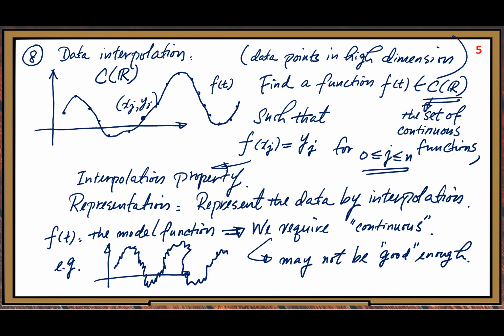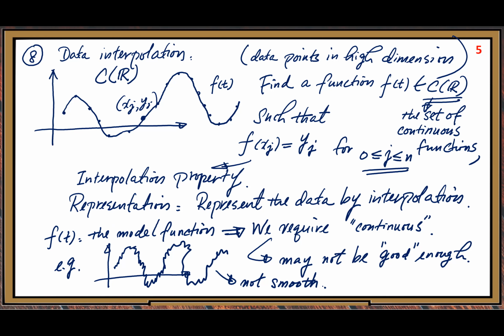So this continuous function is not smooth. This example tells us that when you have some freedom to choose in the continuous function set, you want to choose a good function.